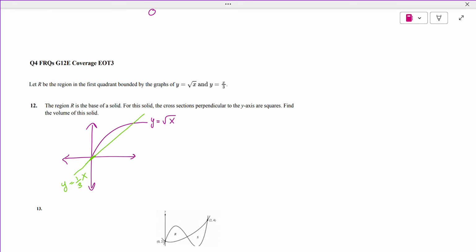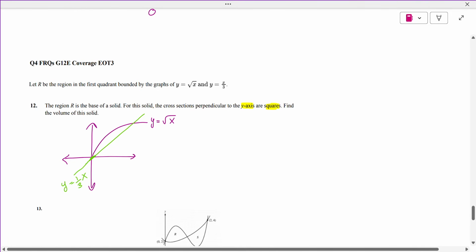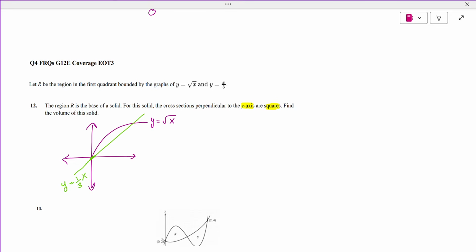So we need to find the volume of the solid with cross sections perpendicular to the y-axis, and the cross sections are squares. We must first find the intersection points between the two functions, either with the graphing calculator or by setting the two functions equal to each other.